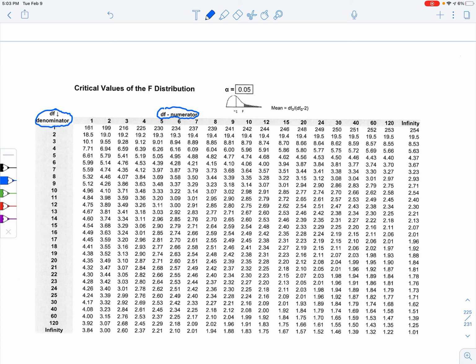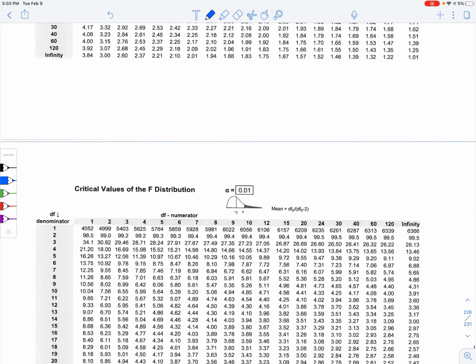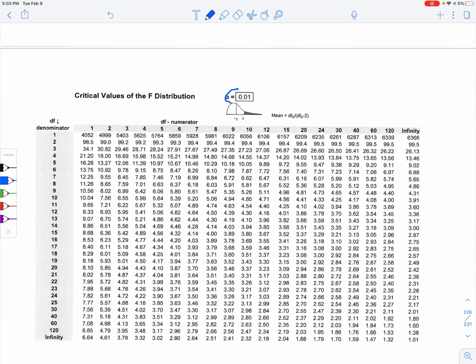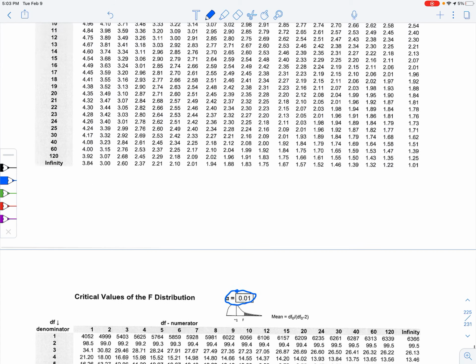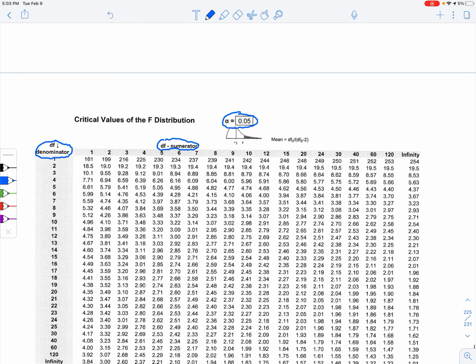So we say the common alphas are 5% and 1%, and we have a 5% table and a 1% table. Then we find the degrees of freedom for the numerator and the degrees of freedom for the denominator, and that gives us the critical value for an F distribution. That's how we do it.